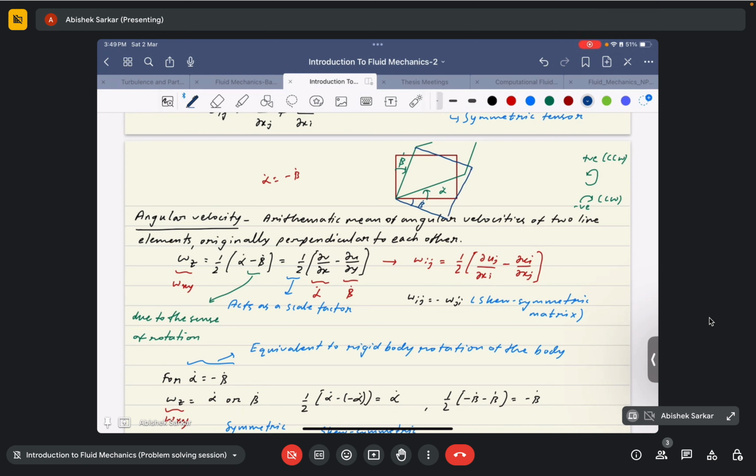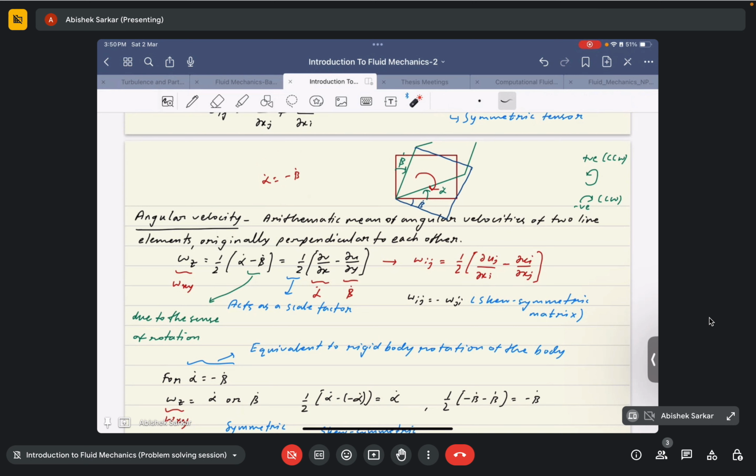So now you can see that there is a proper explicit rotation of the fluid element for this specific case. Now you can clearly see the fluid element is rotating about the origin. Say if that point is 0 0, just for the sake of understanding, then you can say that the fluid element is rotating about the origin.